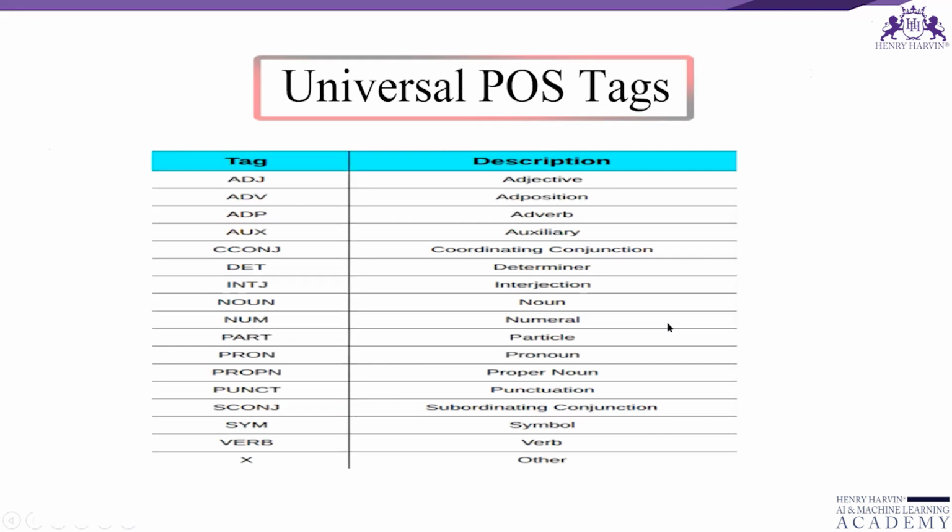So this is what you can see about the universal POS tags: adjective, adverb, adposition, auxiliary, coordinating conjunction, determiner, interjection, noun, numeral, particle, pronoun, proper noun, punctuation, subordinating conjunction, symbol, verb, and other.